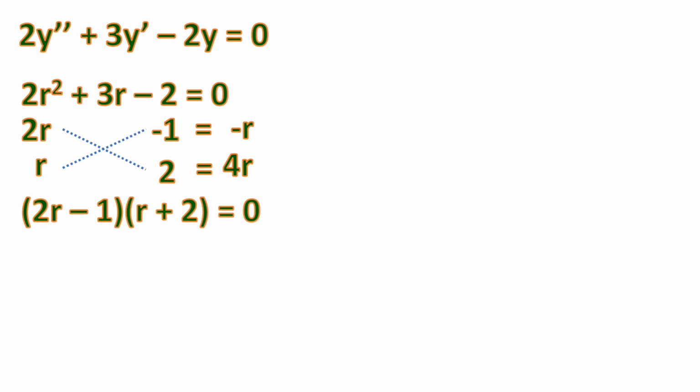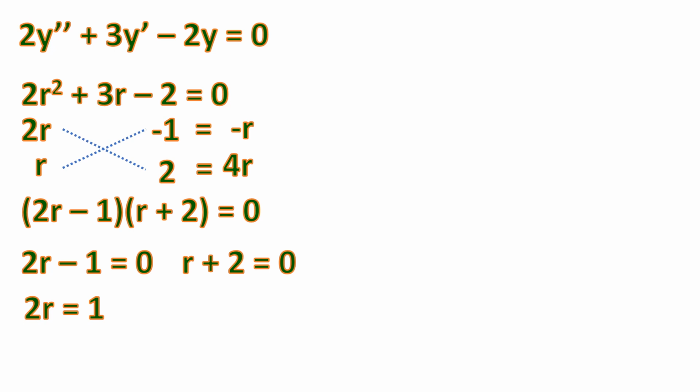That means we have a correct pairing, so we will now put the factors 2r minus 1 times r plus 2. And then we're going to solve for the roots. We equate the two factors to 0, because to make this equation true, that it is equal to 0, either 2r minus 1 is 0, or r plus 2 is 0, or it can be both.